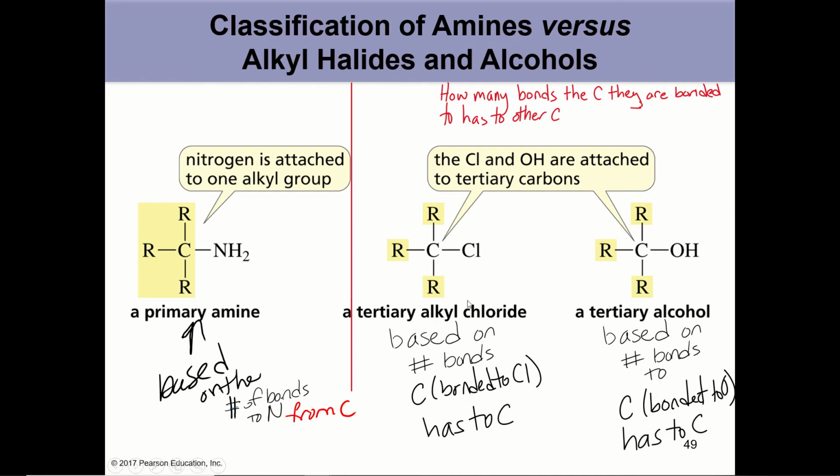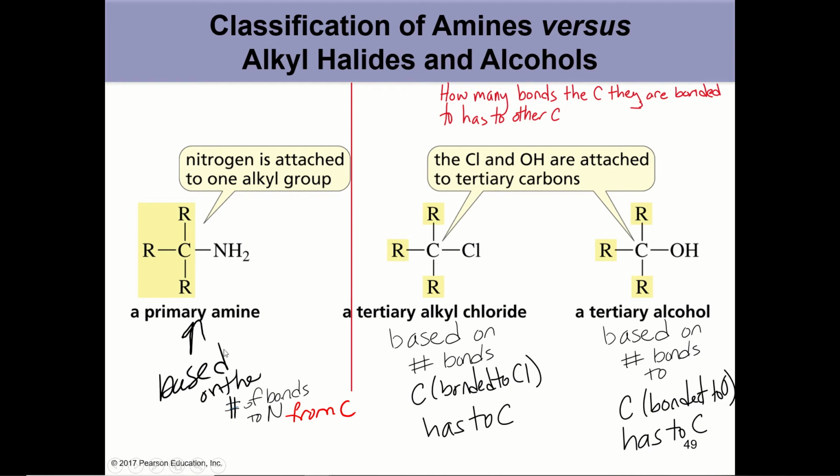And so for a tertiary alkyl halide, whether it is primary, secondary, or tertiary is based on the number of bonds the carbon bonded to chlorine has to other carbons. And for an alcohol, it's the same way. It's based on the number of bonds to the carbon that is bonded to oxygen from other carbons.